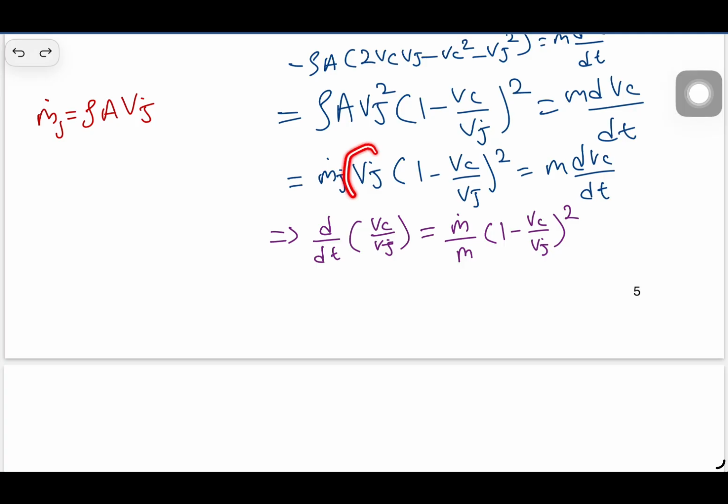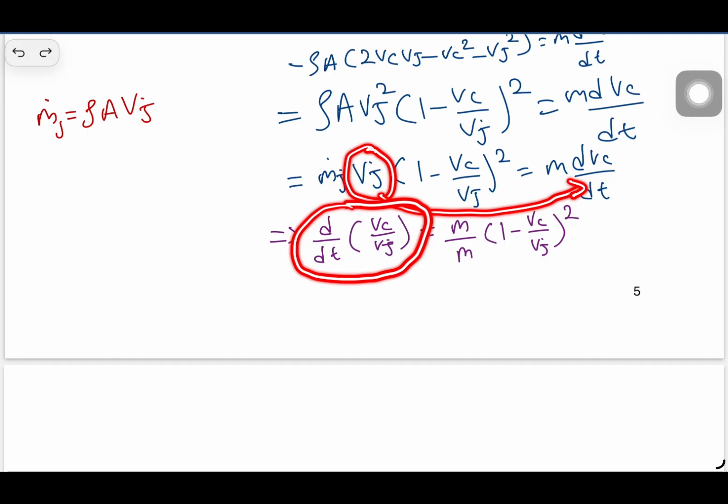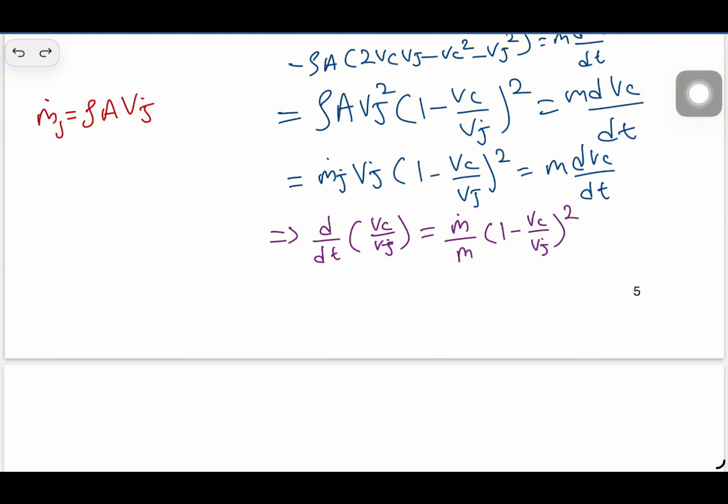Sorry, we moved the velocity of jet to the right hand side into this derivative, so that we obtained this one, which is the change of Vc over Vjet over time. And we kept this here. So the only change is with this one and with this term.